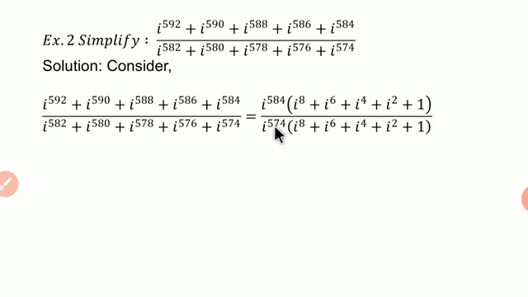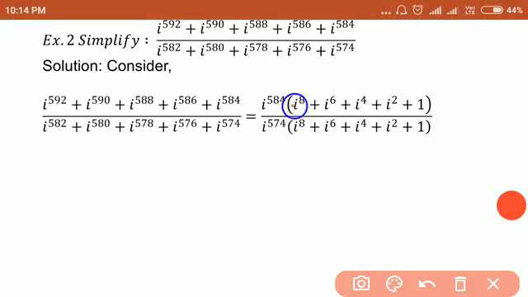Similarly, taking i raised to 574 as a common part from the denominator, we remain with the bracket i raised to 8 plus i raised to 6 plus i raised to 4 plus i raised to 2 plus 1. Now we observe this bracket is common in both numerator and denominator, so this bracket gets cancelled.